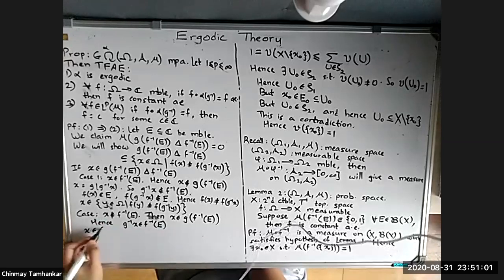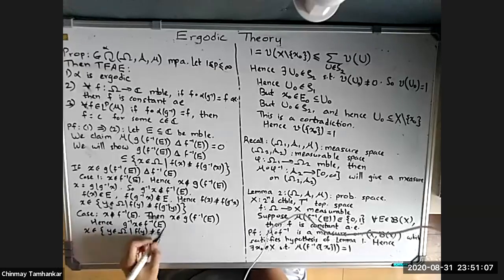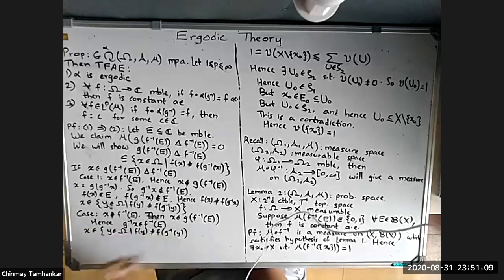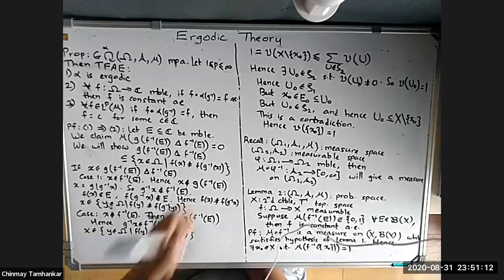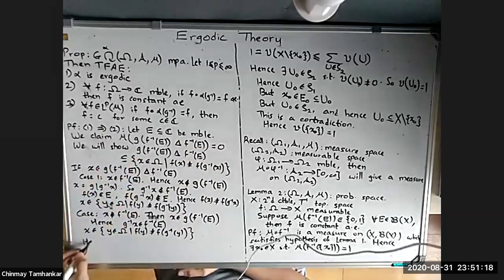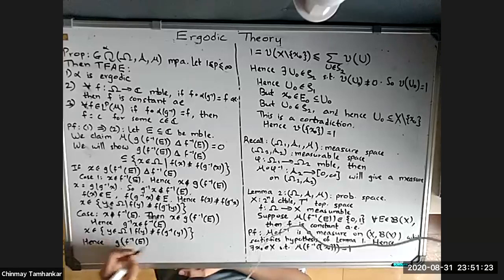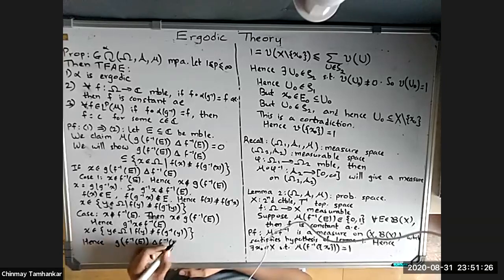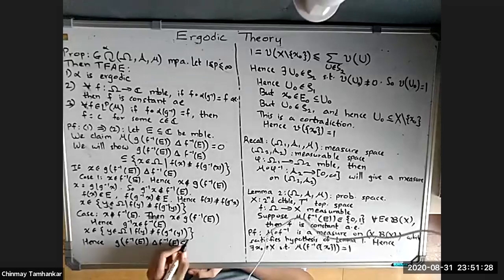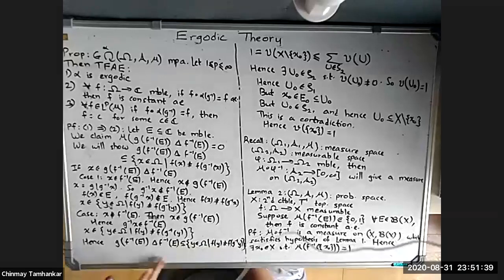Hence, again, x belongs to this set. So hence G f inverse E symmetric difference f inverse E is a subset of this, and hence the measure of this thing is 0.